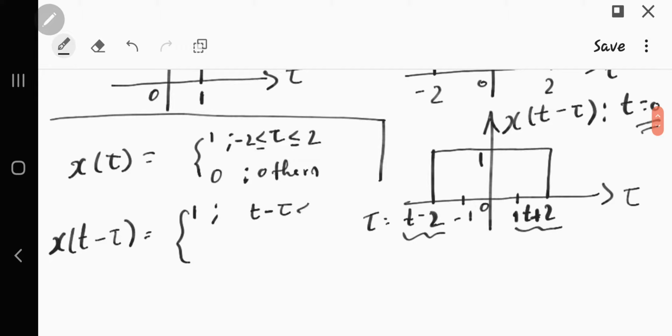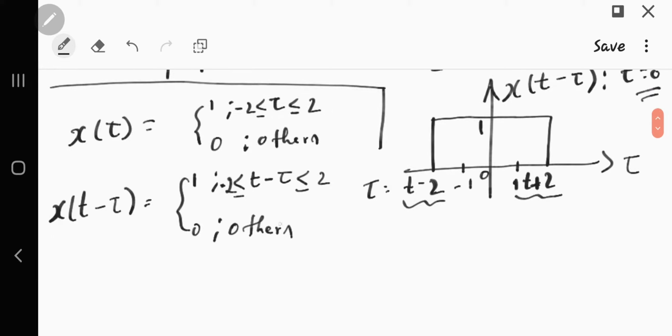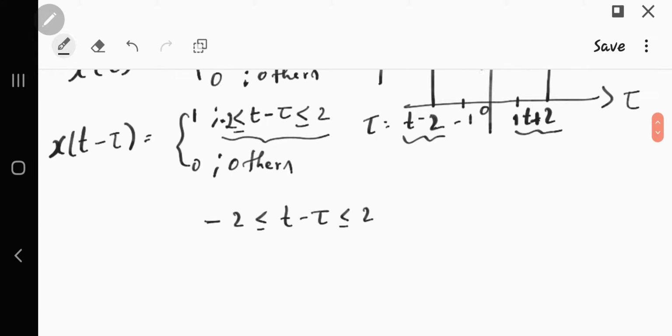So t minus tau less than or equal to 2, greater than or equal to minus 2, and it is 0 for others. Now if you simplify this, it is minus 2 less than or equal to t minus tau less than or equal to plus 2.